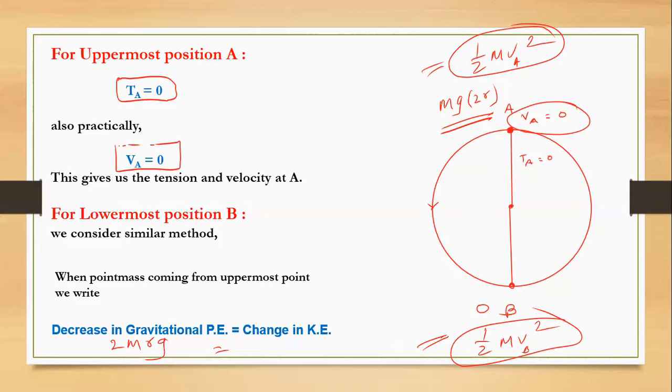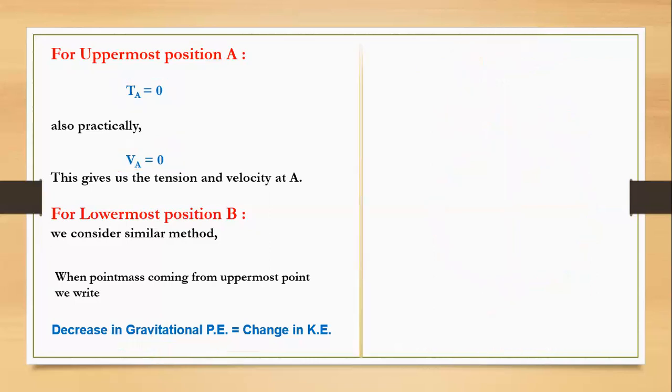So that difference we have to consider, and we write it in the form of an equation. Here we take 1 by 2 m common. Then m gets cancelled, and we can substitute va in this formula.